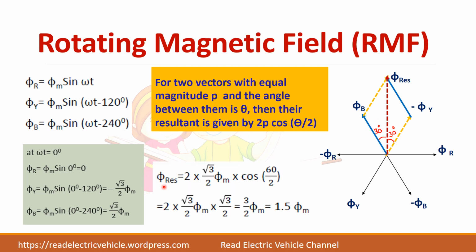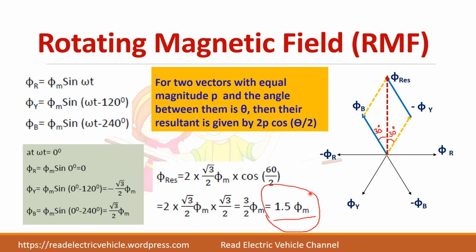So we will find resultant flux is equal to 2 into P, the magnitude of this is root 3 by 2 phi m, into cos theta by 2. This is 30 degree, so cos 30. If you simplify this, you are getting 1.5 times phi m. So the resultant flux at omega t equal to 0 degree is equal to 1.5 phi m.